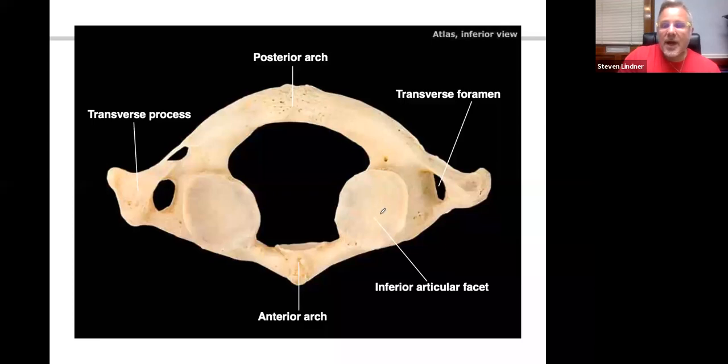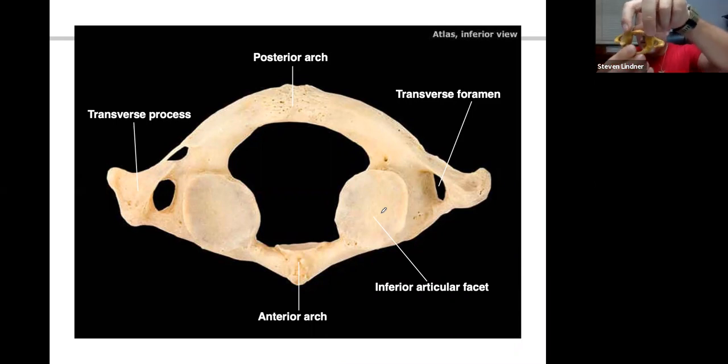This is looking at the underneath surface of the atlas. So here is the top, here is the bottom. Anytime two vertebrae touch one another, they have to articulate with facets. So on the bottom is the inferior articulating facet, and on the top is the superior articulating facet.